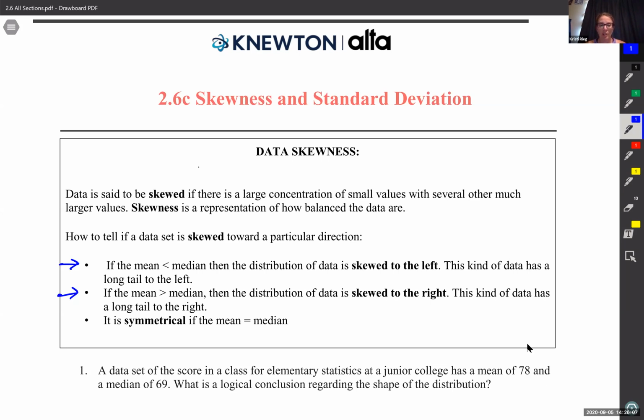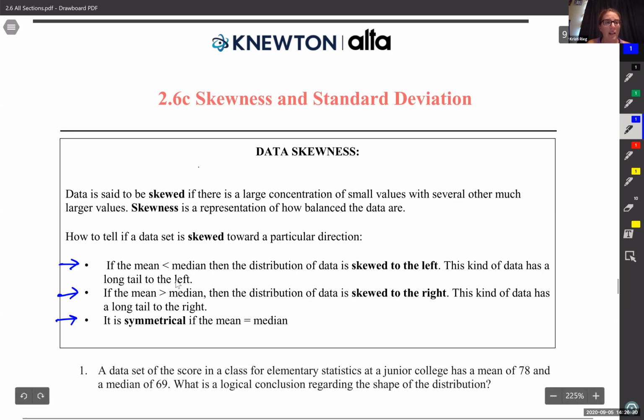I always forget which is which, so I'm going to draw a picture and show you how you can tell from the picture which way it's skewed. The mean equaling the median, meaning symmetrical, shouldn't be the tricky one. For me, the tricky one is whether less than goes with left or greater than, and whether the mean goes on the left or the right.